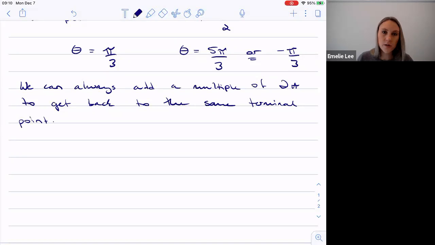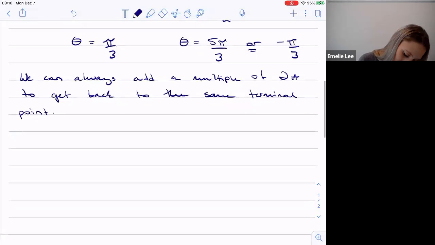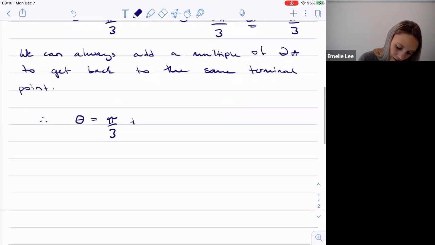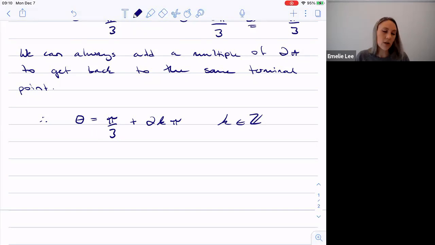Okay. So what we do is, therefore, theta can be pi over 3 plus 2k pi for k in the set of integers, right? 0, 1, 2, 3, 4, 5, 6, 7, blah, blah, blah, to infinity, technically, right? Circle, circle, circle around.